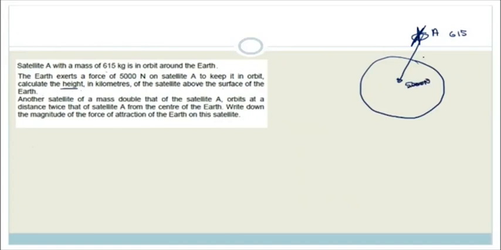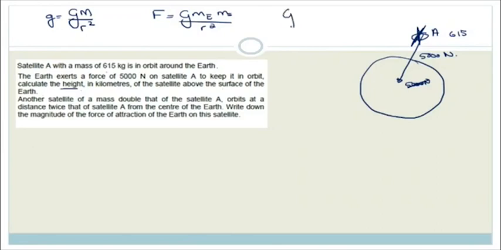So we've got F is equal to big G, mass of the Earth, mass of the satellite, over R squared. That's what we're given initially. We also have little g is big G, big M over R squared, just putting it out there.